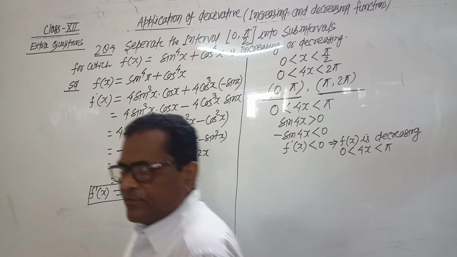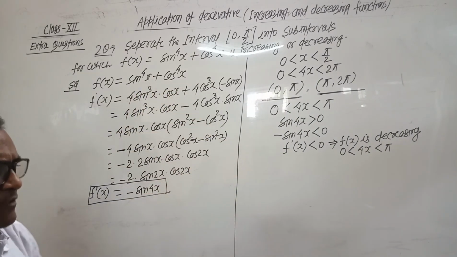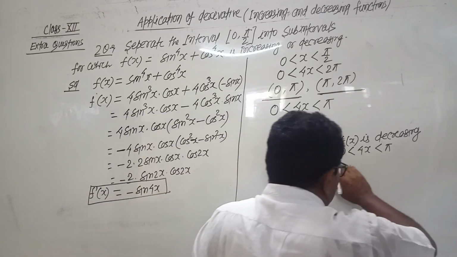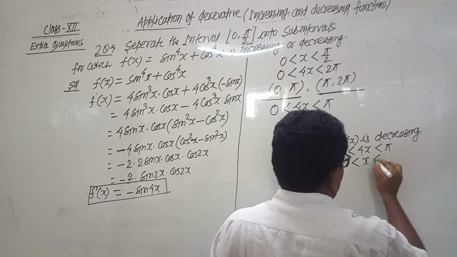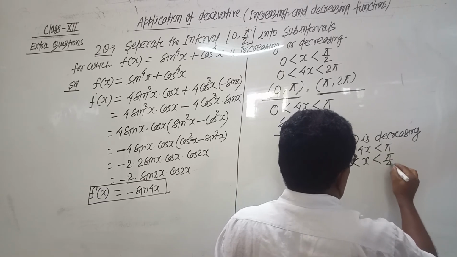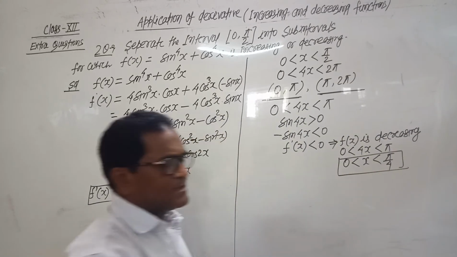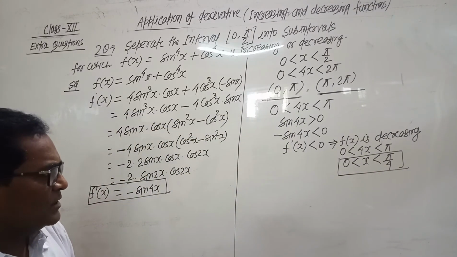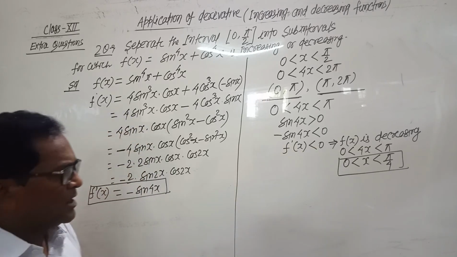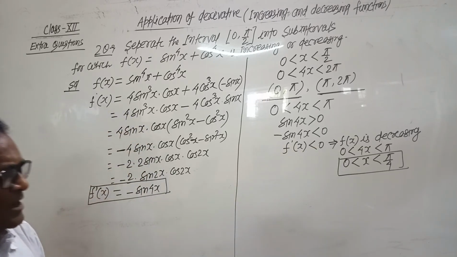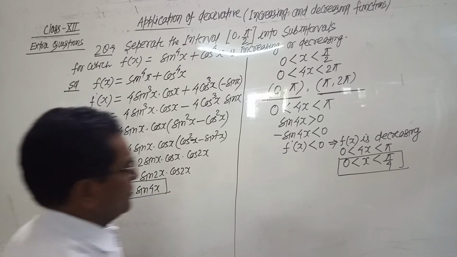But our function was in terms of x, not 4x, so divide by 4. We get 0 is less than x is less than pi by 4. So if x lies from 0 to pi by 4, then f dash x is less than 0, means f x is decreasing from 0 to pi by 4.